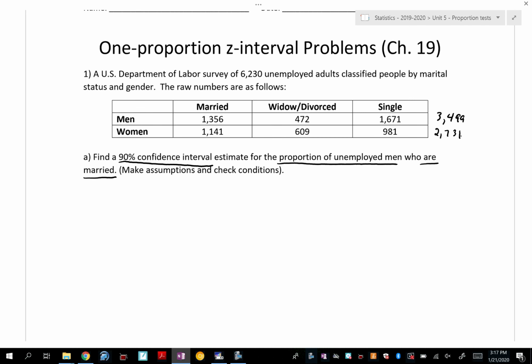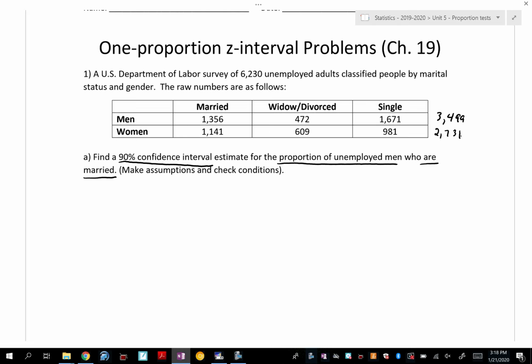So they added these three to get that many men in the survey, and these three to get that many women. Because ultimately, Charlize, what I'm looking at here is it's more impactful to look at the proportion of married men out of all men, right? Looking at all people, I just care about, okay, if I look at only the men, what's the proportion that are going to be married? All right, that's what I care about for this problem.